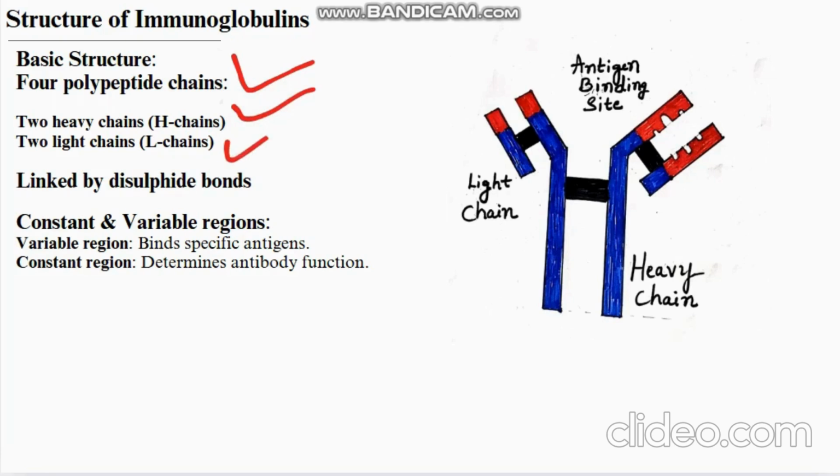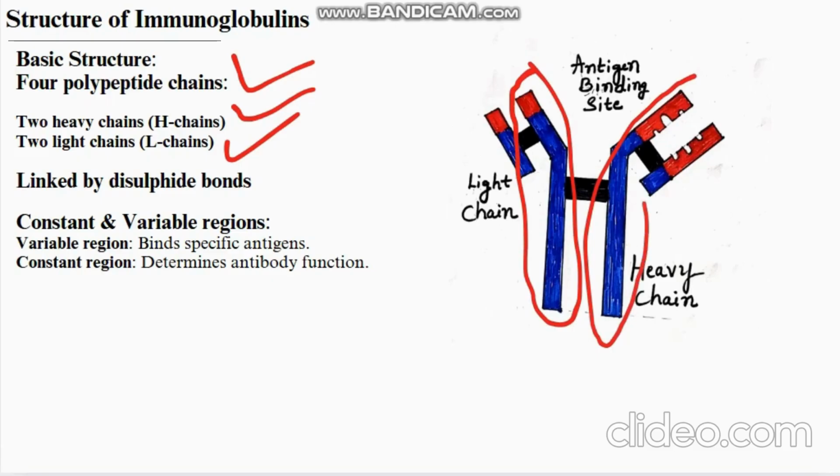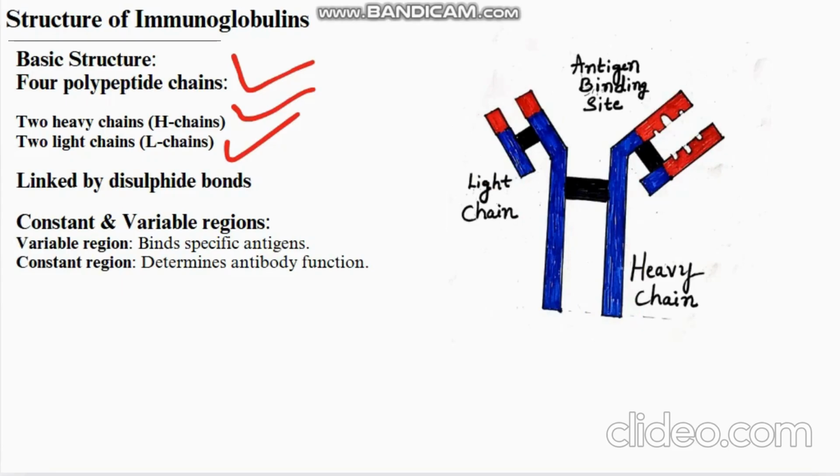So here, this lengthy portion is called the heavy chain, and the small portion is called the light chain. And these heavy chains and the light chains are linked together by a bond called a disulfide bond.